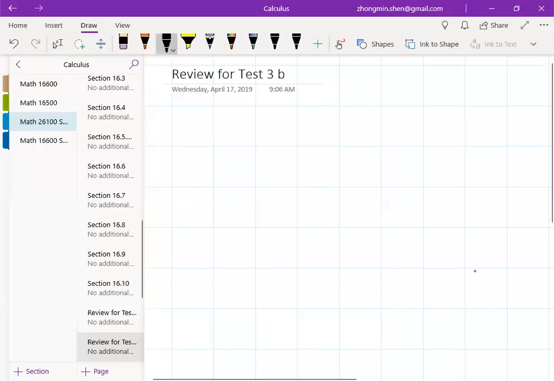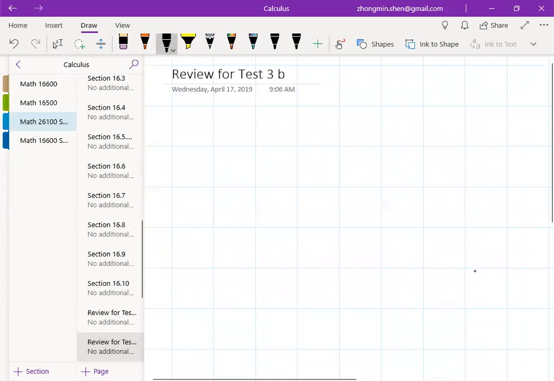All right, so this is the second review for test 3. In the last class, I went over line integrals. For a line integral, what is a key point? First, we use the definition, using parameterization to evaluate the line integral.